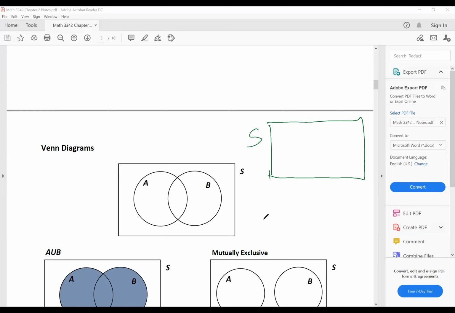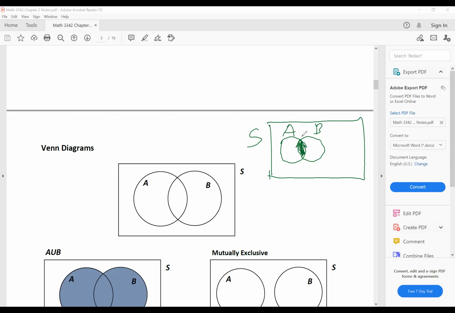Then we usually use some circles to represent the events. So here we have two events. One is A, the other one is B. So this rectangular box is the sample space, and this circle is A and this circle is B. Now we can see there is an overlap, right?